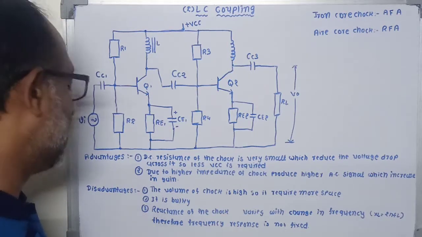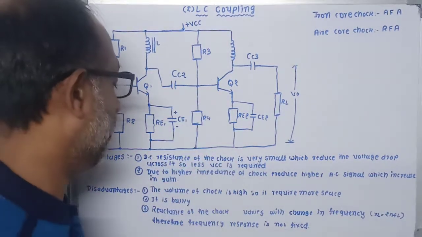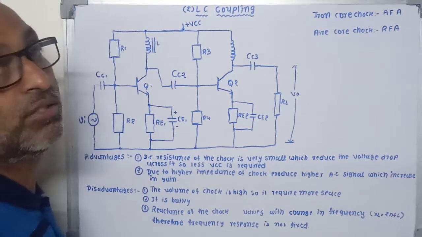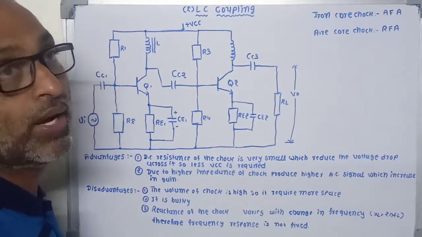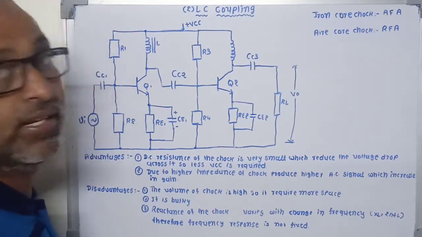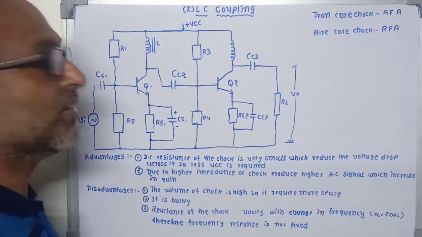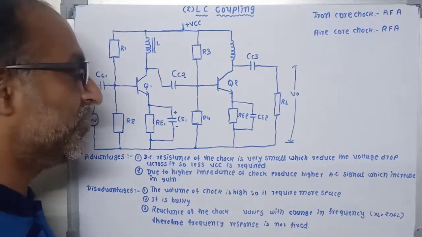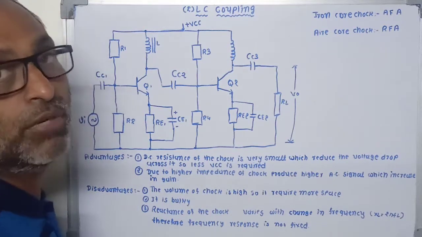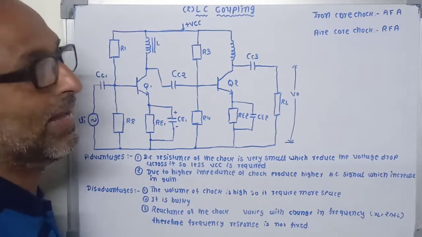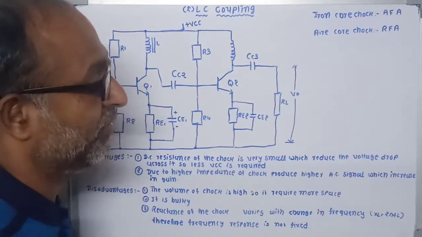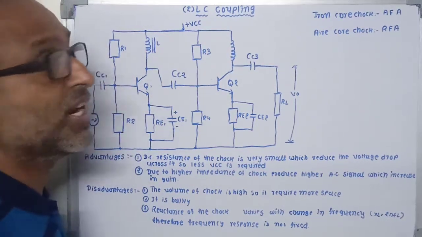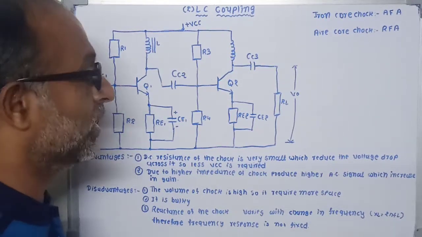Now next, the disadvantages of this LC coupling. The volume of the choke is very high, so it requires more space. Then it is bulky, that means increase in weight. And third, the reactance of the choke coil varies with the change in frequency, because we have studied that XL is equal to 2 pi FL. That means the value of inductive reactance depends on the frequency.